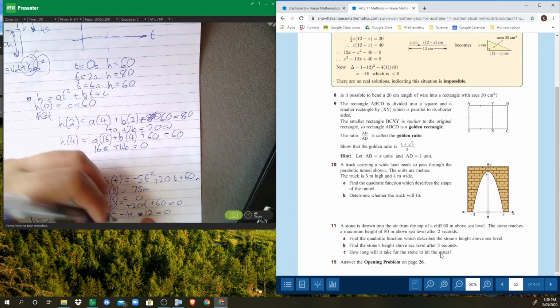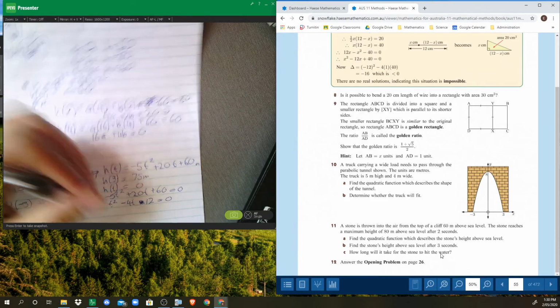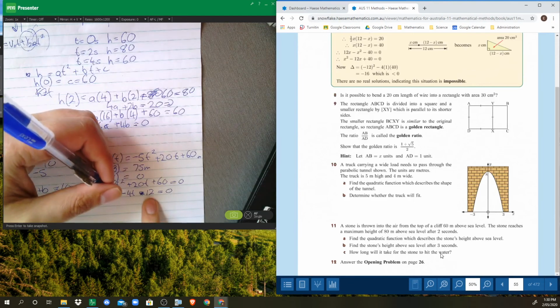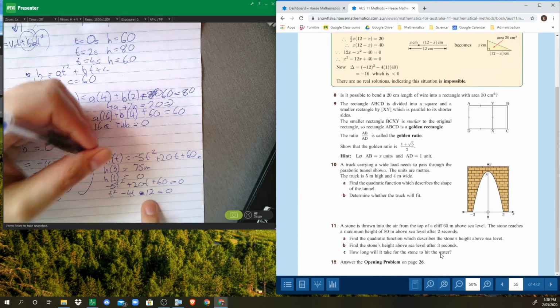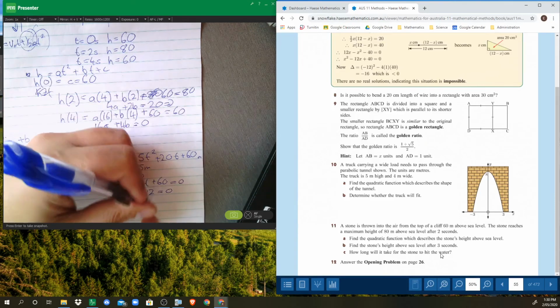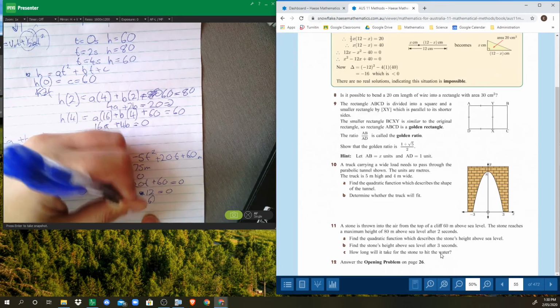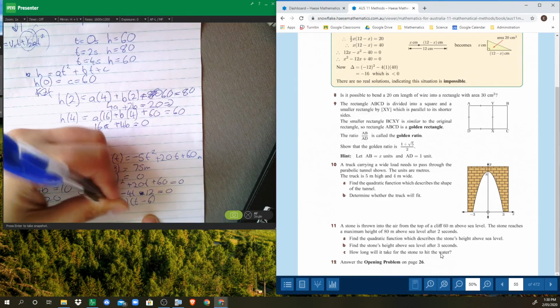Can I factorize that? Probably can. 12 and 1, 6 and 2, negative 6 and positive 2. Looks like it.